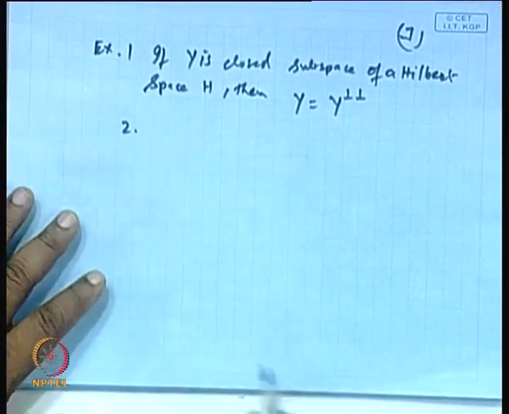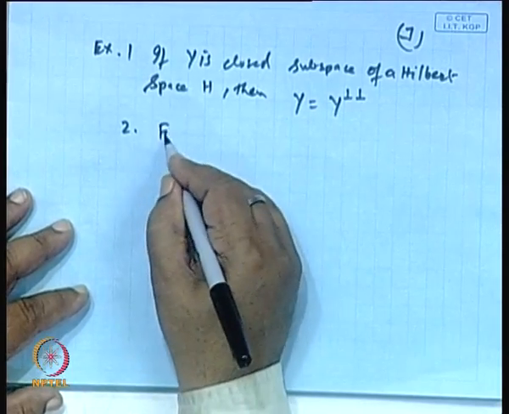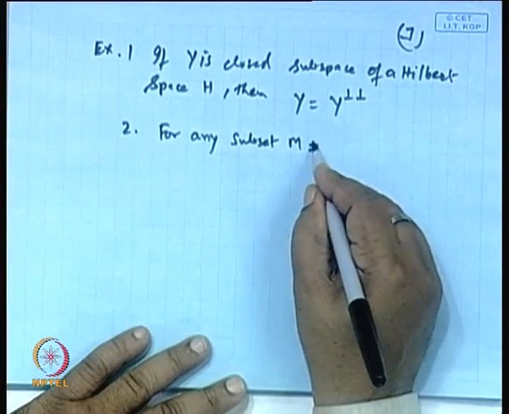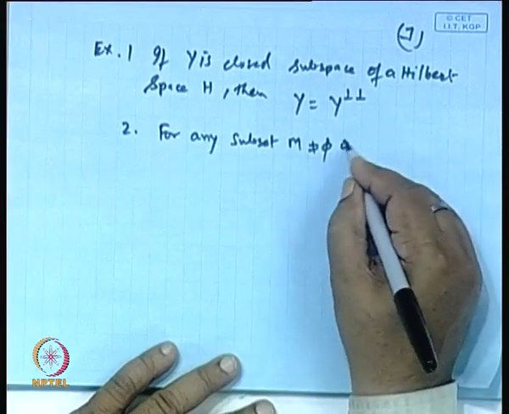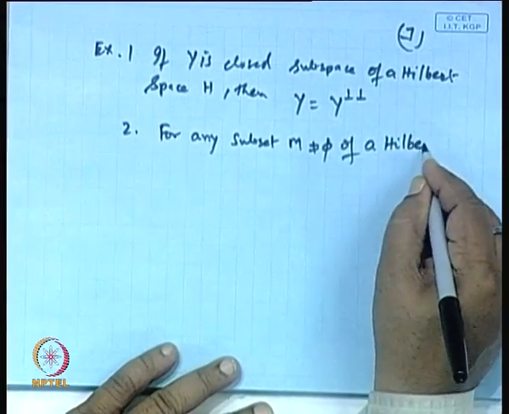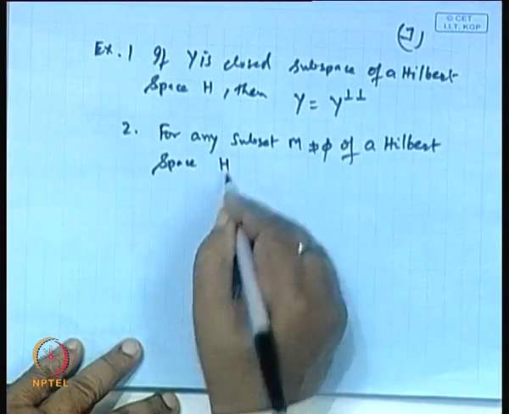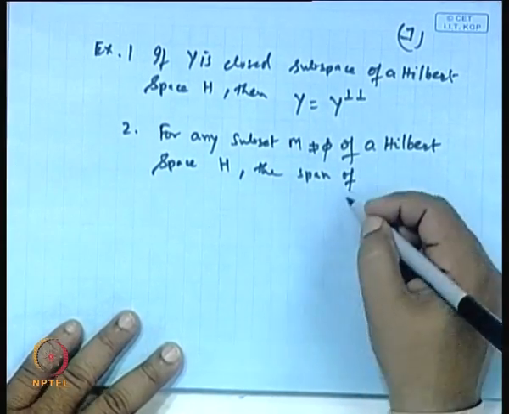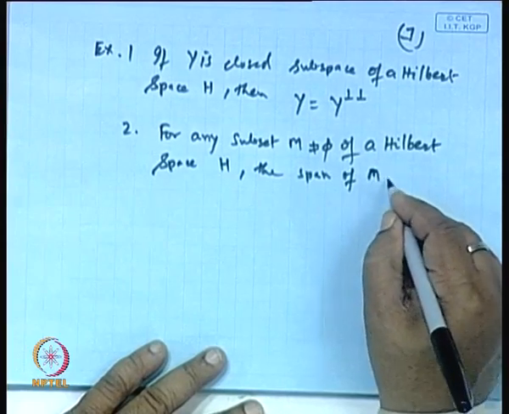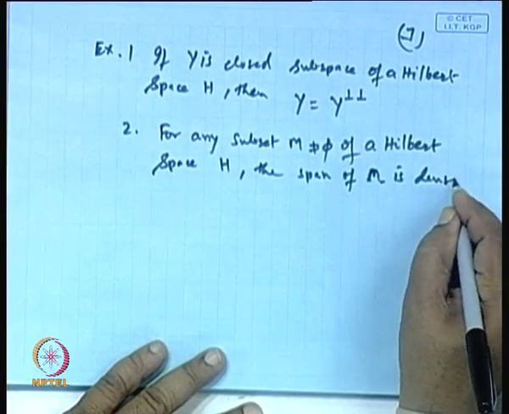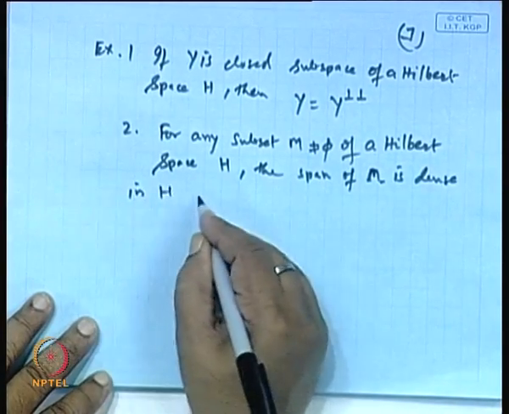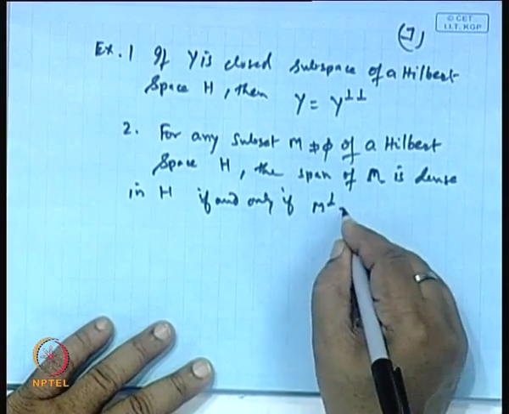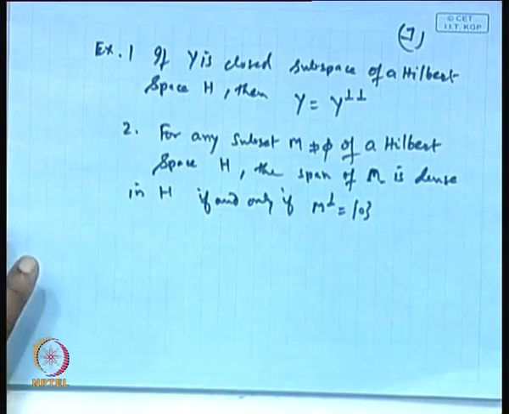Another exercise: for any non-empty subset M of a Hilbert space H, the span of M is dense in H if and only if the orthogonal complement of M is the singleton set containing 0.